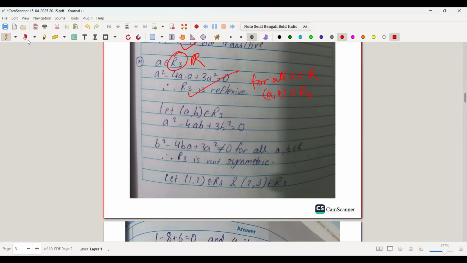Okay, try to solve this equation. A square minus 4AB plus 3B square equal to 0.